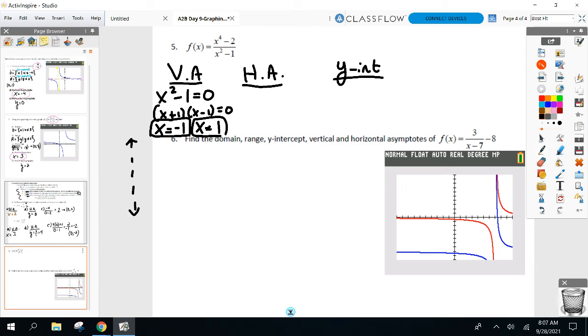Go back, look at your rules. All your rules are right on top, so we don't need to go back. Read your rules.